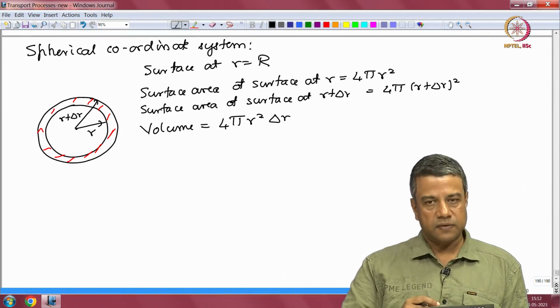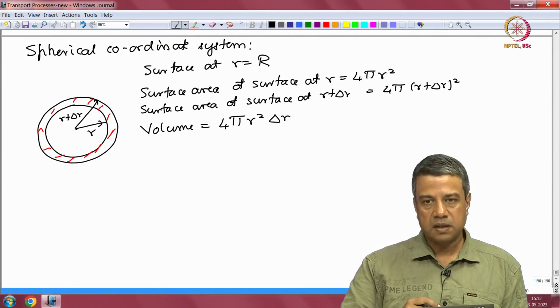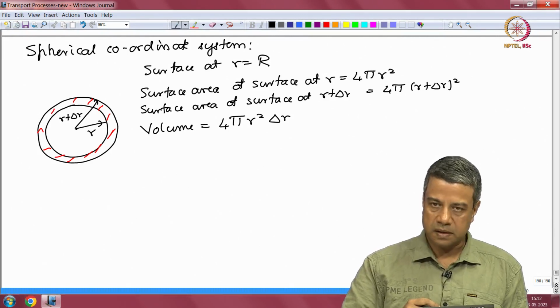And it is for this differential volume between two surfaces of constant coordinate at r and r plus delta r that we shall write down our mass conservation equation.